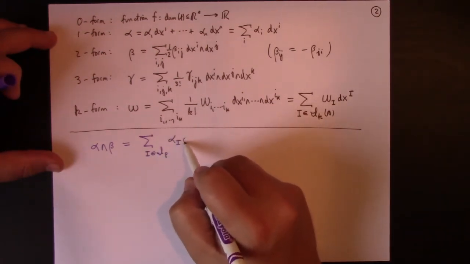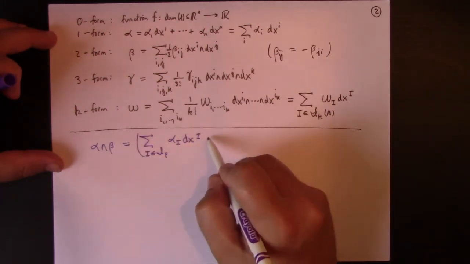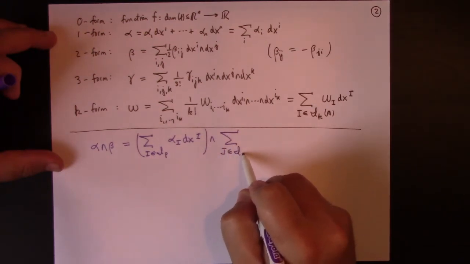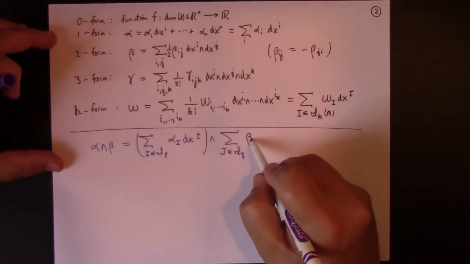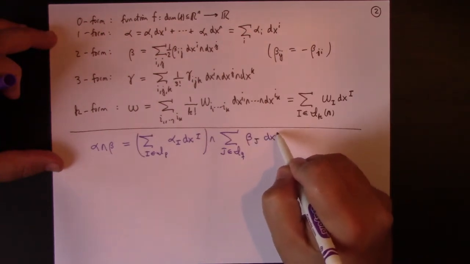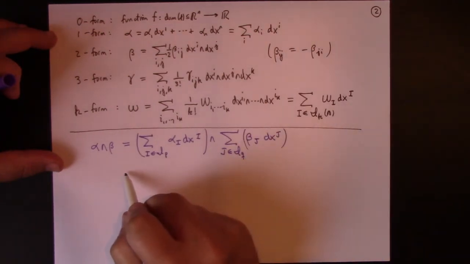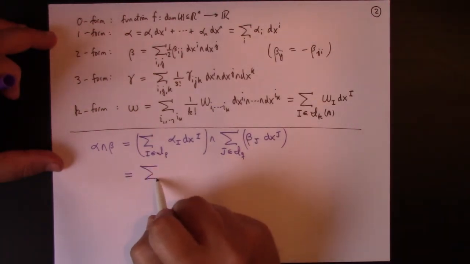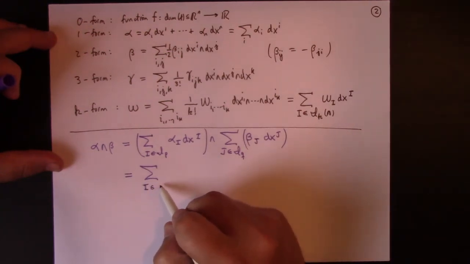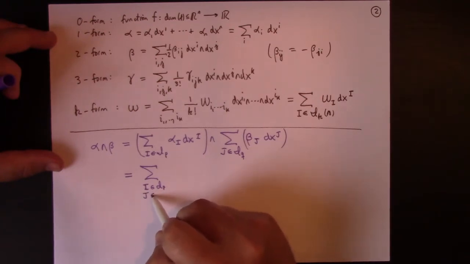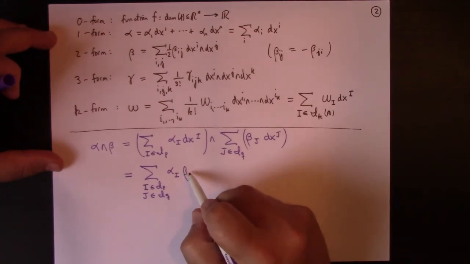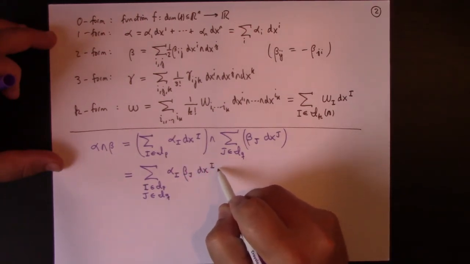So alpha I dxI. Take that, wedge it with a q form. So beta J dxJ. What happens? What happens is you use distributivity, and you get alpha I beta J dxI wedge dxJ.